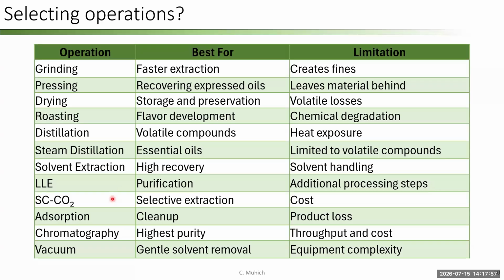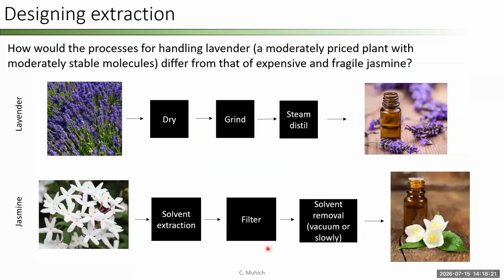Supercritical CO2 can be very selective in fine-tuning exactly which molecules we're going to pull out. Adsorption is great for cleanup. Chromatography gets amazingly high purities, and vacuum is useful when we want a gentle solvent removal. All of these pieces come together in how we should design our extraction process.